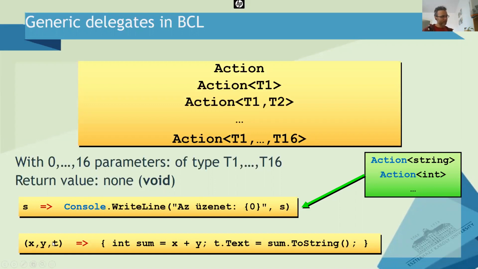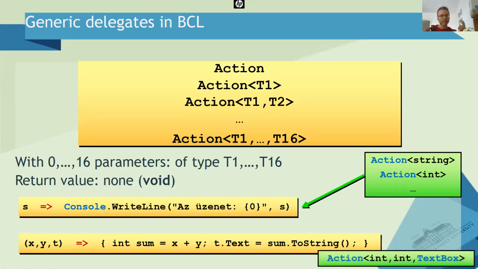In the second example, the lambda expression receives 3 parameters. So definitely I need an action with 3 type parameters, where the parameter types depend on the context. So for example, here X and Y could be integers or bytes or ushorts, whatever you want.